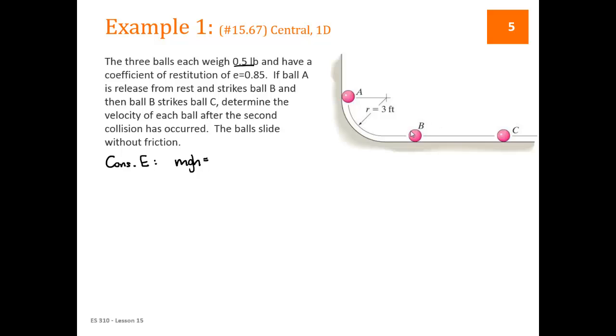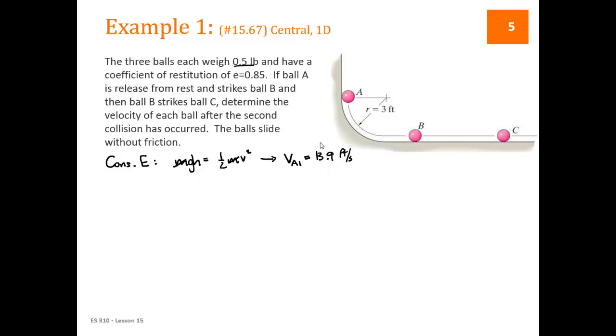When it gets to the bottom, it will have kinetic energy, which is 1/2 mv squared. The m's cancel. We know g and h, so we can find v. This is VA1, the velocity of ball A before impact, and if we plug in those numbers, it is 13.9 feet per second.